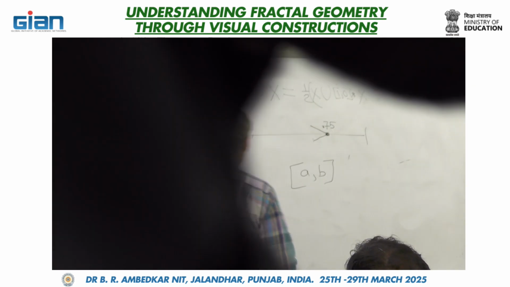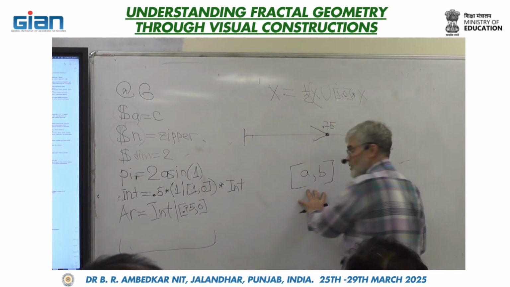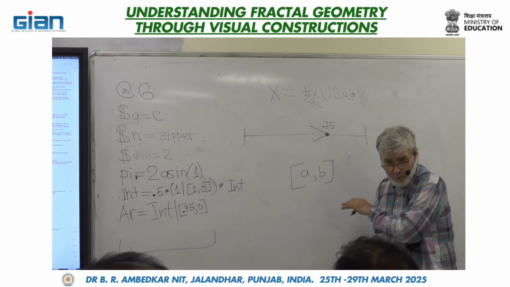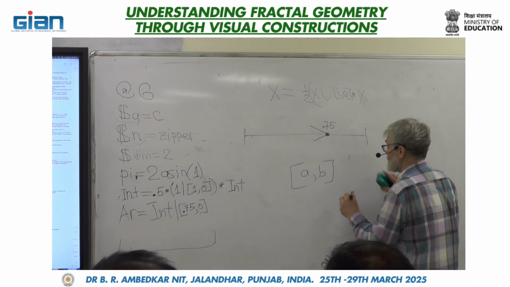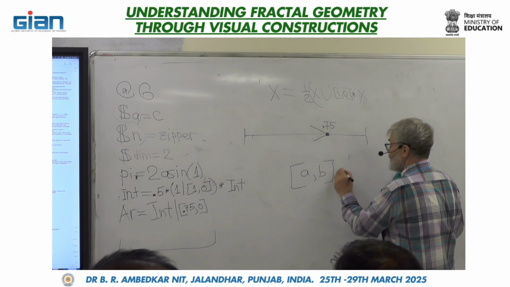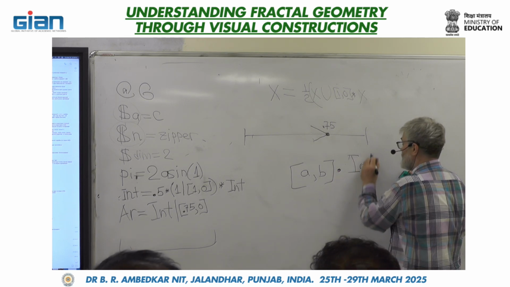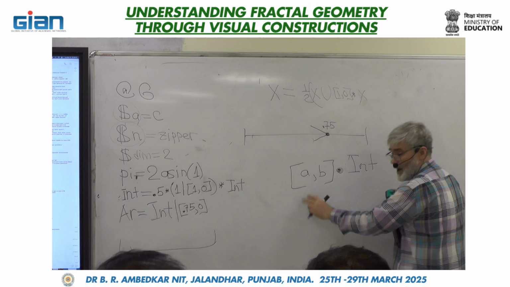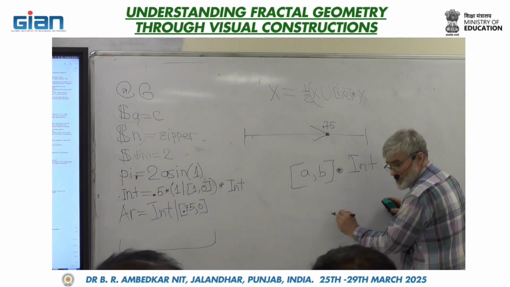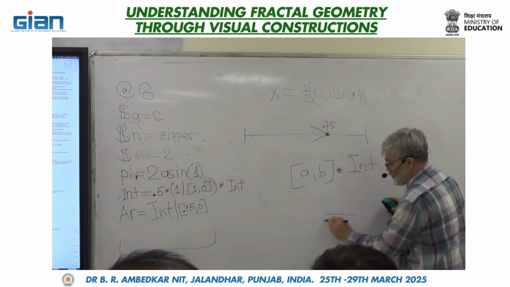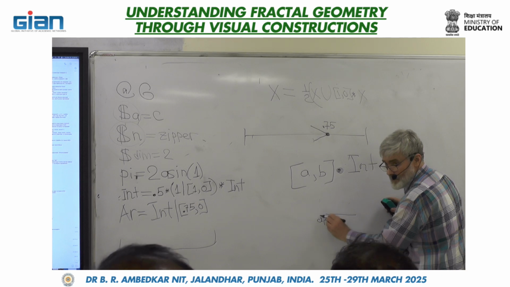So it is not only a number, it's also a translation operator. So if I write AB multiplied by I and T, it means that I will draw the unit interval which is shifted to the point AB. Yes?